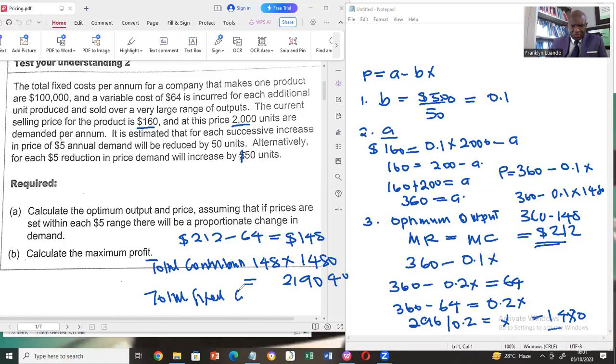Total fixed cost we are given, 100,000. Maximum profit will be 119,040. That is the profit from this question.